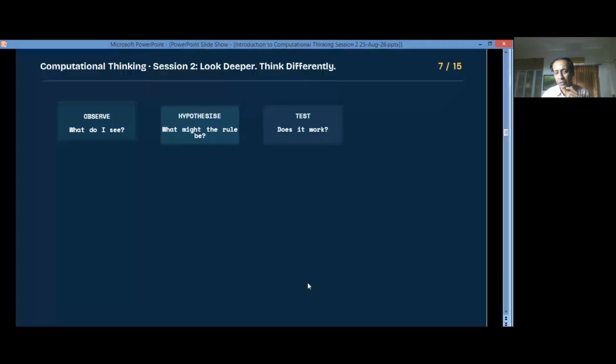What is the third step? When we come up with a particular hypothesis, when we decide on a particular approach, let's say there is a pattern, and we decide that the underlying rule is +2. Say 1, 3, 5, 7, 9. If the pattern goes like that, based on our initial observation, we come up with the rule that every next number is incremented by 2 from the previous number.